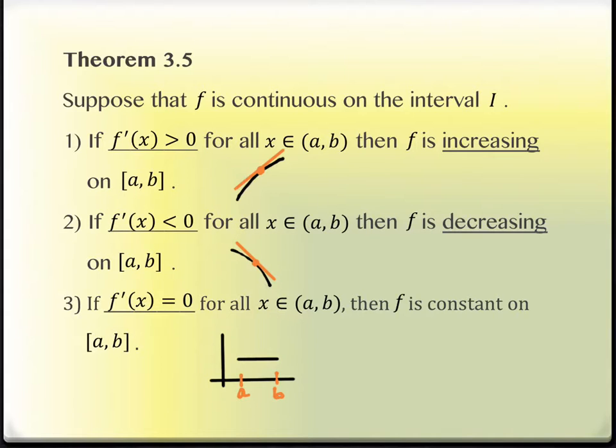The only way that can happen is if the graph itself were a flat or a horizontal line, right? So that's what this is describing. Now, if this is not on an interval and it's at a specific point, that's what we were seeing happen in sections 1 and 2 of chapter 3. So let's actually pull all this together then with the first derivative test.